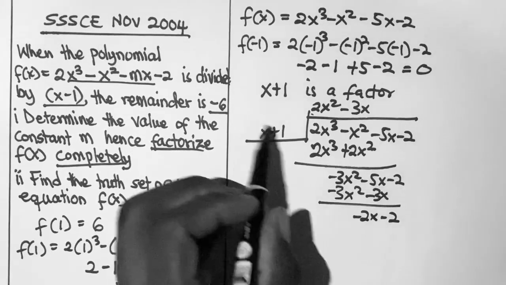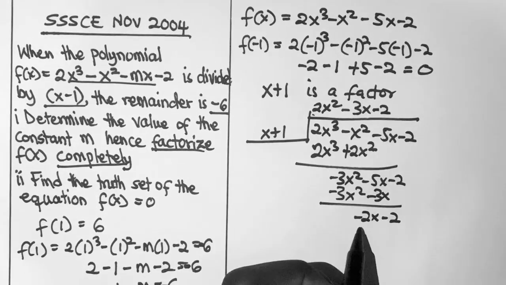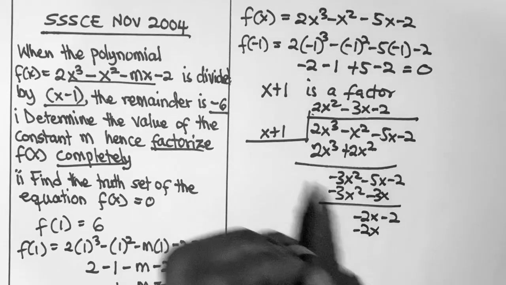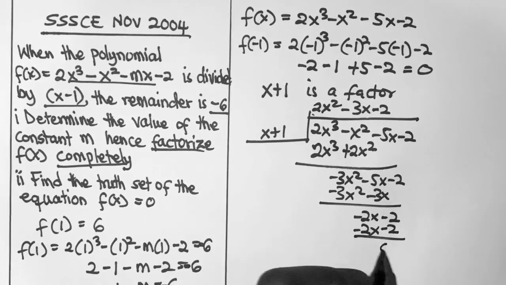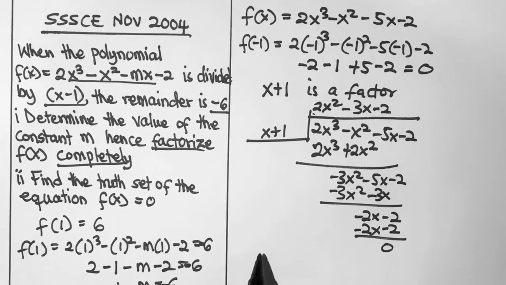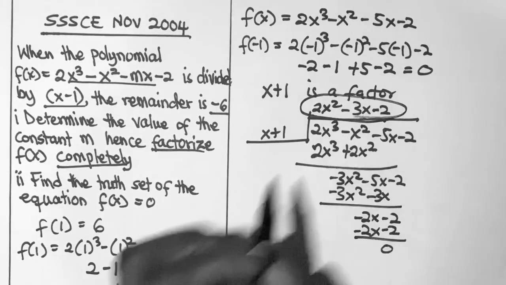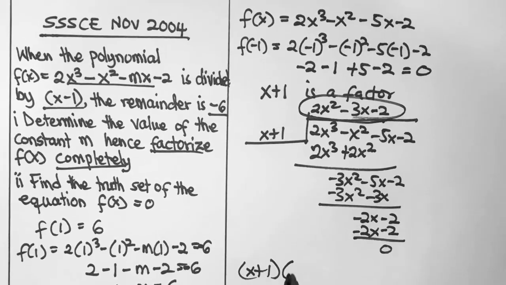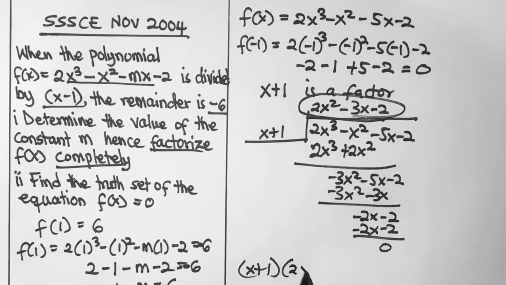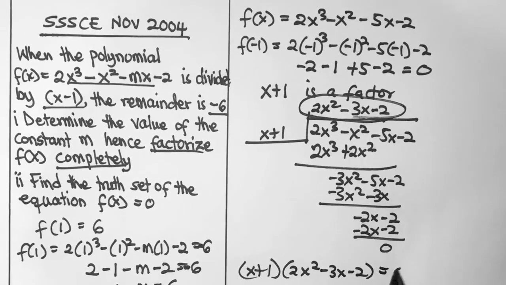So minus 2x divided by x is minus 2. Now minus 2 times x is minus 2x, and minus 2 times 1 is minus 2. So if you subtract, here goes to 0. So what it means is that x plus 1 times this quadratic function, which is 2x squared minus 3x minus 2, is equal to 0.